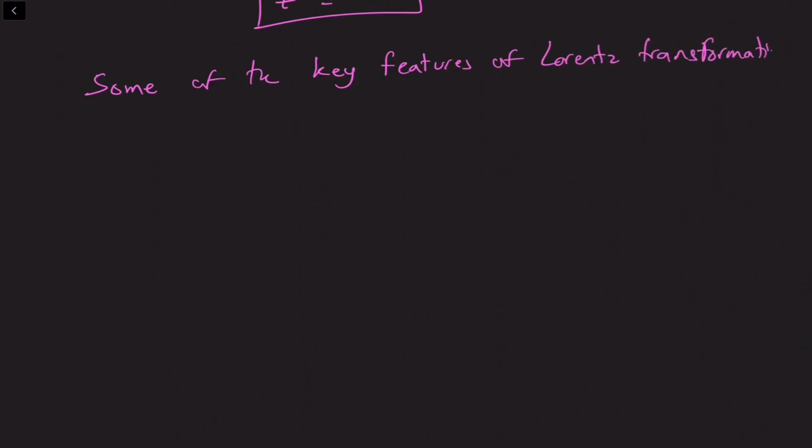So let's summarize some of the key features that we've learned of Lorentz transformations. One is relative speed v.